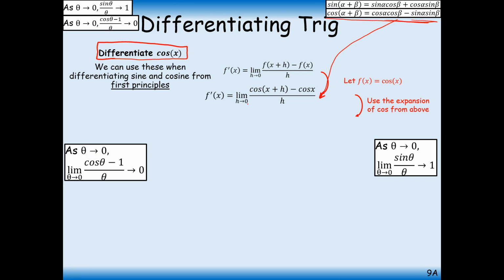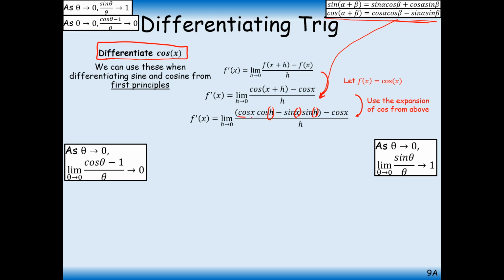So we can write the limit of h approaching 0 at the front, and we are basically going to use x and h as two different angles. So cos x multiplied by, don't read this as cos, there should be a bracket around each of these values there.